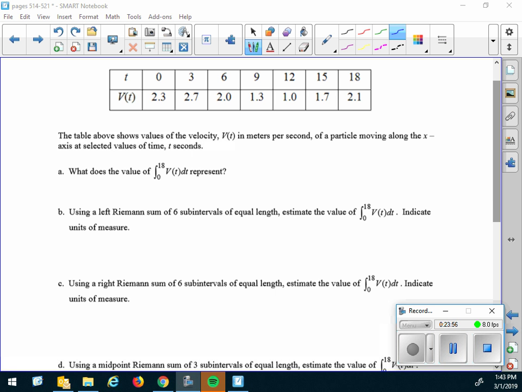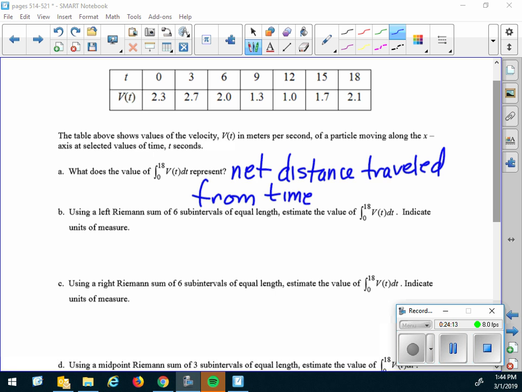Net. From time 0 to time 18, or you could say from 0 seconds to 18 seconds.